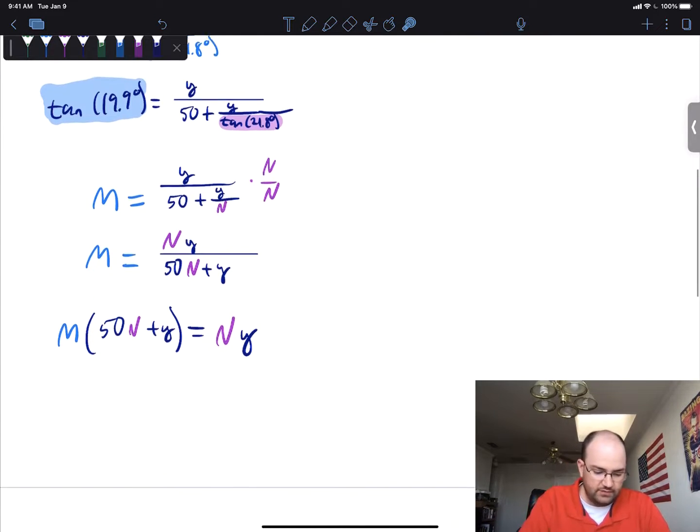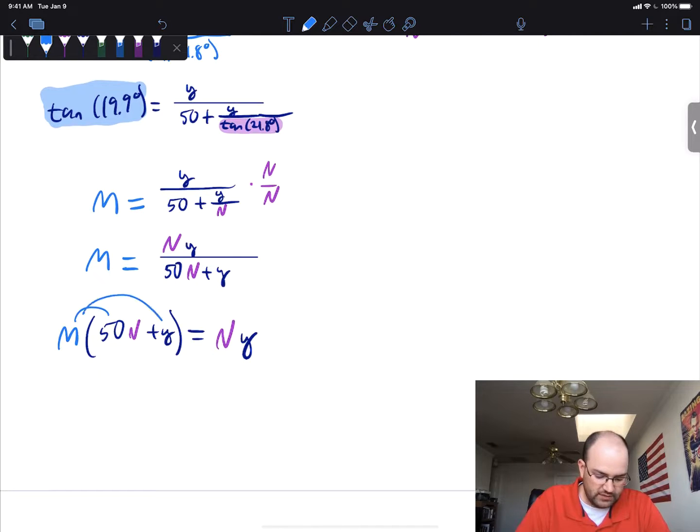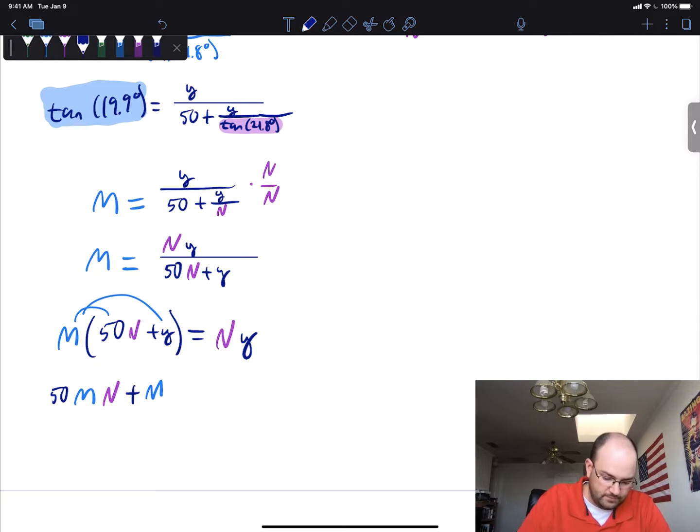And notice now that I just need to distribute the M there. So it's going to give me 50MN plus My. And all of that's going to be equal to Ny.